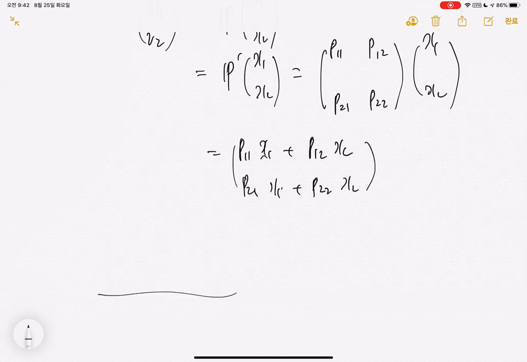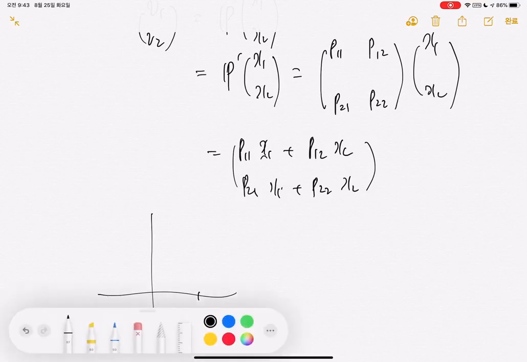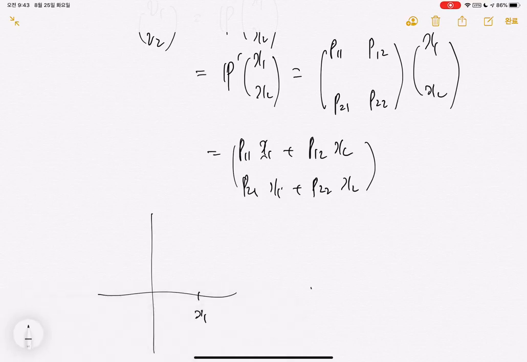Okay, so suppose here's your x1, and here's your x2. So this point here is x1 and x2.